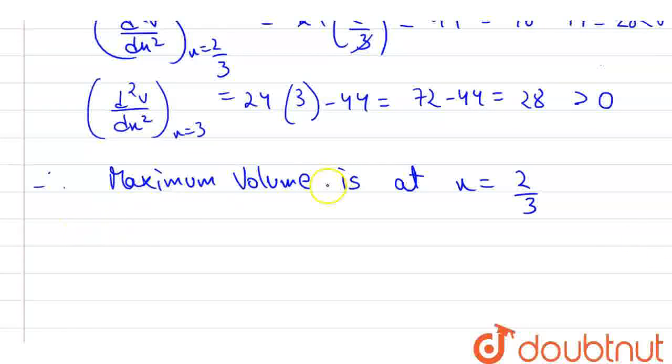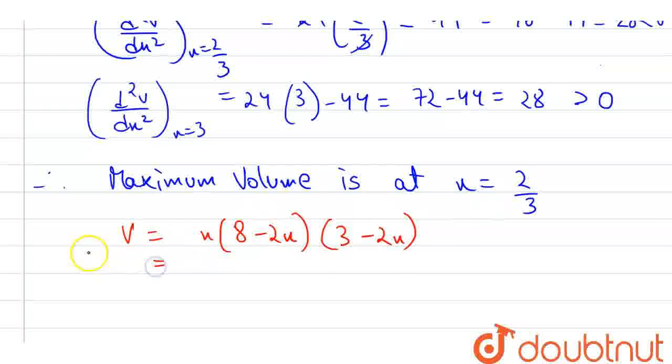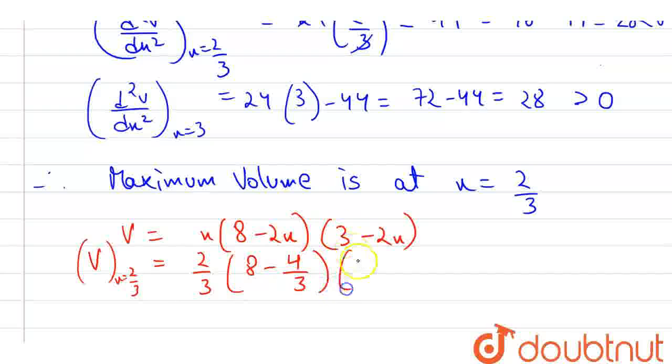So for finding maximum volume, the volume we have is x into 8 minus 2x into 3 minus 2x. So putting in this x value, volume at x equals 2 by 3: 2 by 3 into 8 minus 4 by 3, and this 3 minus 4 by 3.